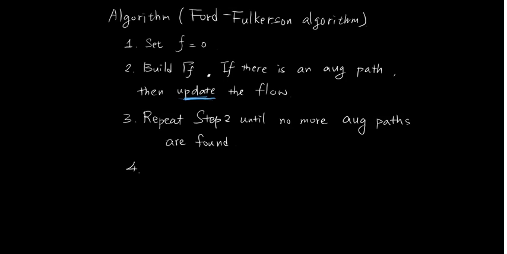Now, what is the cut? Then we define the following: let A be all the vertices U such that S can reach U in gamma F. And B is the rest of the vertices, which cannot be reached.